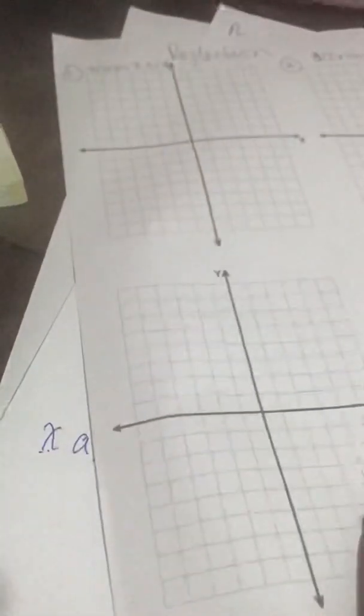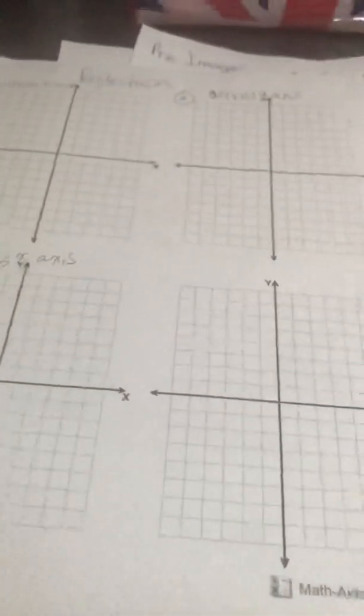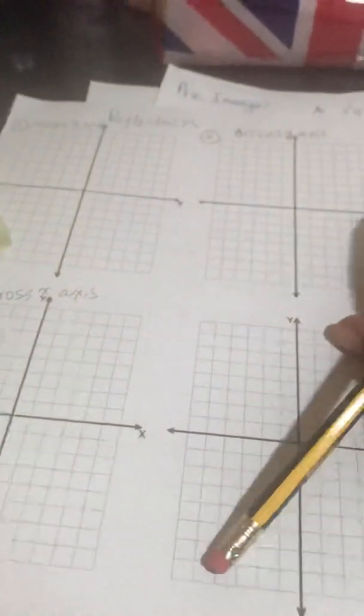And for number 3, across x-axis. And then color your image blue. Use your pencil, but color the image blue, okay? So that I want you to clearly see which is the image and which is the pre-image. And here across the y-axis.